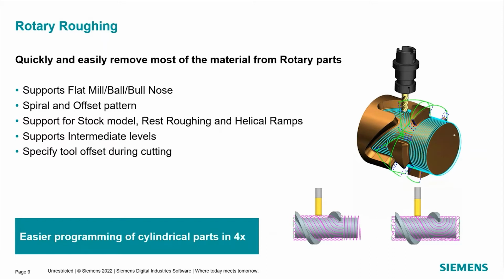Users can specify the part geometry, the cutting tool, optimize path and cutting parameters, and get an efficient tool path fairly quickly. One of the enhancements is that you can now specify either a flat, a ball, or a bullnose end mill. When this was originally released, I believe it was only ball mills when you were doing the rotary.